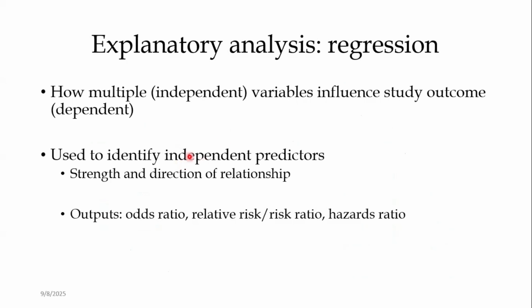The other types of statistical tests, not for comparison, but to explain, are what we call explanatory analysis. A good example is regression analysis. The role of regression analysis is to explain what variables influence outcome.